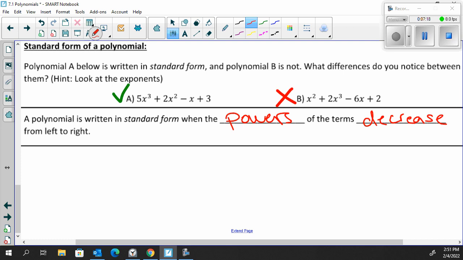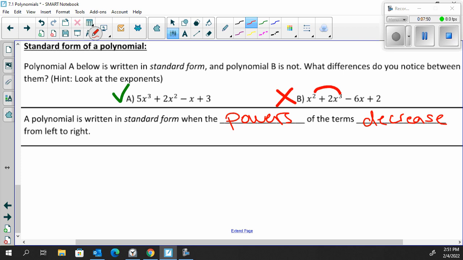Were you saying something, Sam? Did you raise your hand for a second? What were you saying, Peyton? X to the power of 2 first, B. That is the problem. Why is that the problem? Because there's no number in front of it? That's not the problem. The problem is here. It goes 2, 3. This goes 3, 2.